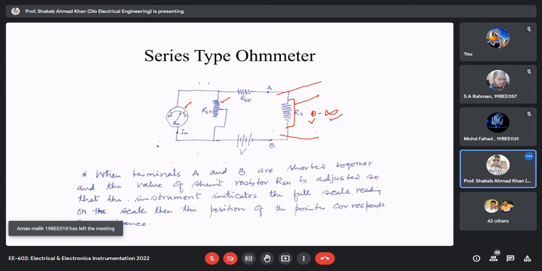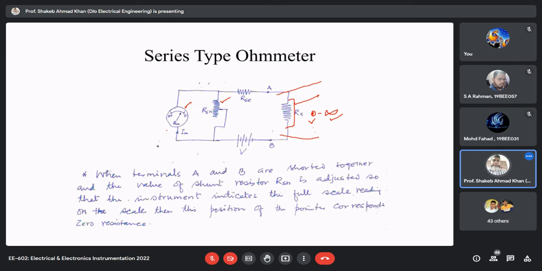And obviously, if the shunt resistance is not properly calculated or designed for this meter, then it may happen that under the maximum current flow condition, the meter current may be more than the rated or full scale meter current.